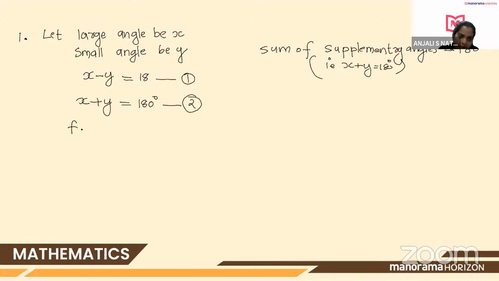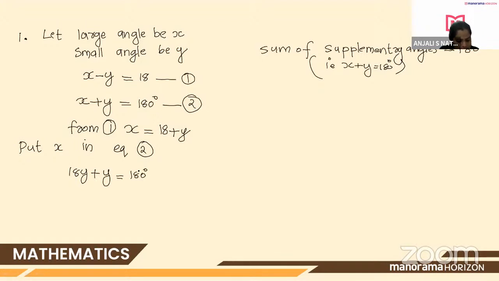Okay, so from 1, x is equal to 18 plus y. Okay, and put x in equation 2. So 18 plus y plus y is equal to 180 degrees.